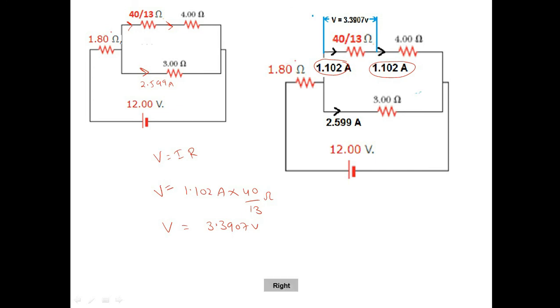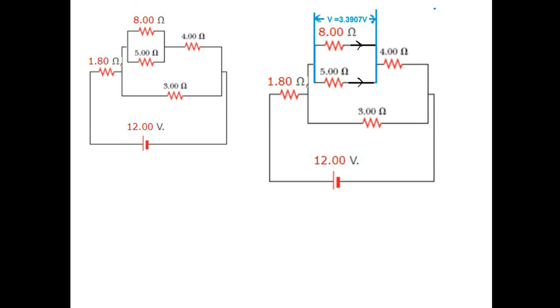Now we move on to the previous circuit, which was before this one. It was an 8 ohm resistor and a 5 ohm resistor in parallel. So the same voltage we found there, 3.3907, is across both of these resistors, because in parallel the voltage is constant. Now we have to find the current through them. Voltage equals current times resistance.